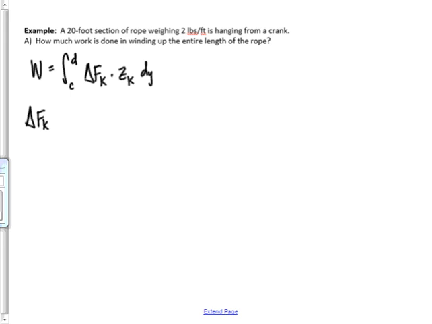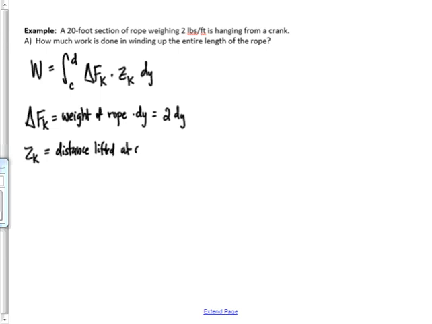Delta F sub K is going to be the weight of the rope times dy. It tells me that the weight of the rope is 2 pounds per foot, so 2 dy. Now let's figure out what Z sub K is. Z sub K is the distance lifted at any point.